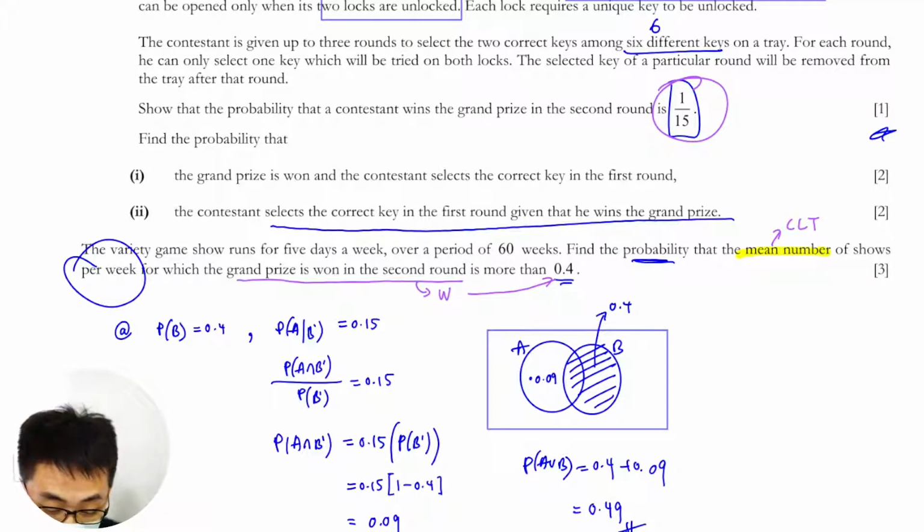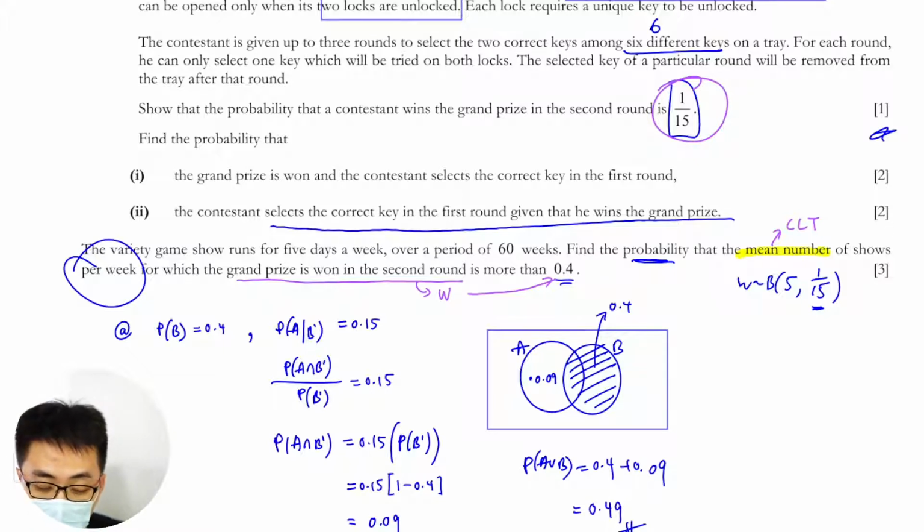Every 1 week has 5 shows, and every show has probability 1 over 15 of a contestant winning in the second round.